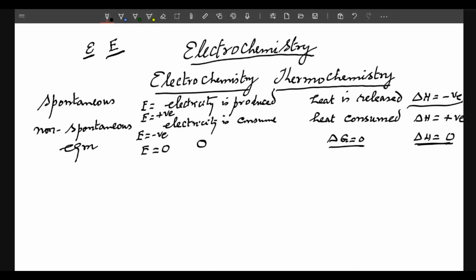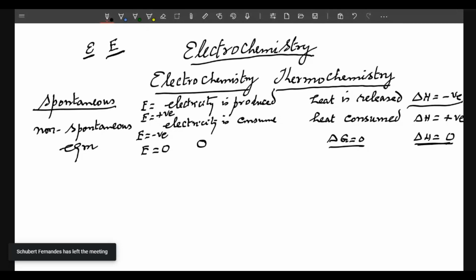Therefore, under electrochemistry, we are going to study once again two types of process, the spontaneous process and the non-spontaneous process. In the spontaneous process, electricity is produced, that is, we are going to study the voltaic cell. A voltaic cell is an apparatus from which voltage is produced, during the spontaneous process.